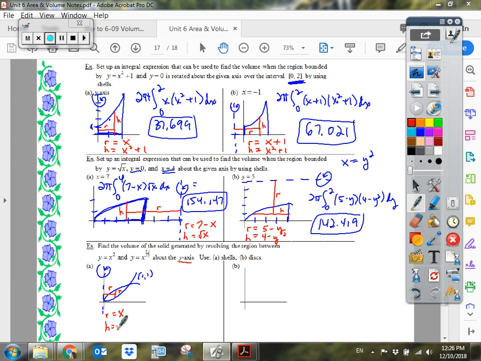H is going to be big minus little, right? So this would be x to the 1/3 minus little, and little is the parabola.